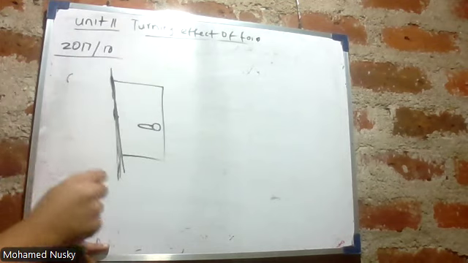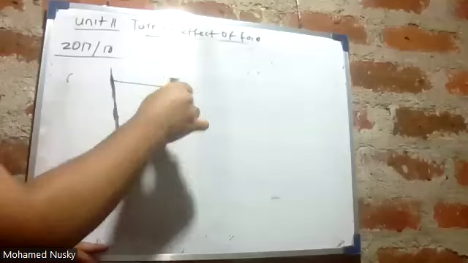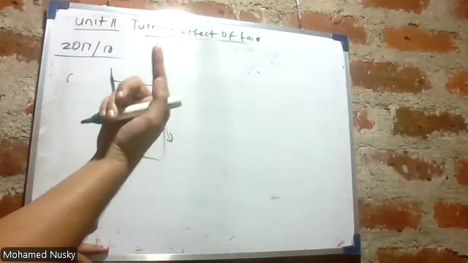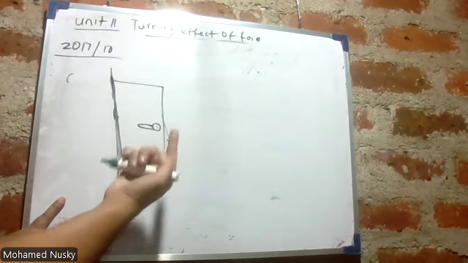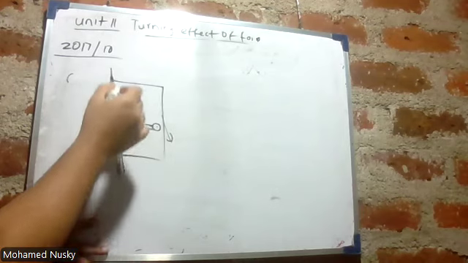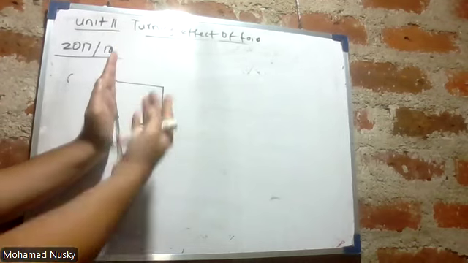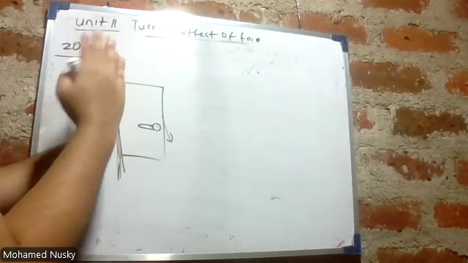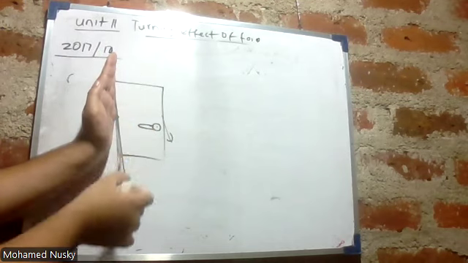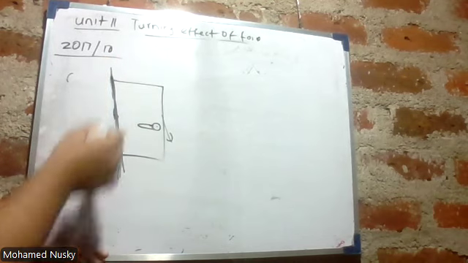Therefore, a moment is created from a point if I apply a force. Let us take that I am applying a force in the outward direction, outside the board. Therefore, this door will rotate like this. This is the axis of rotation.